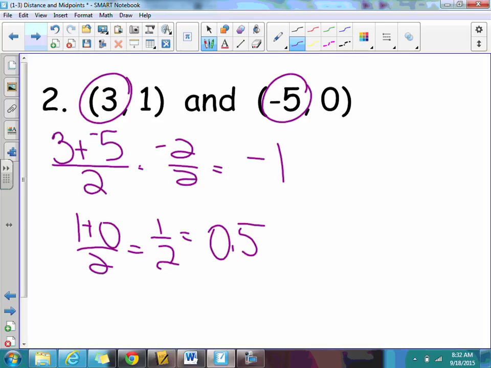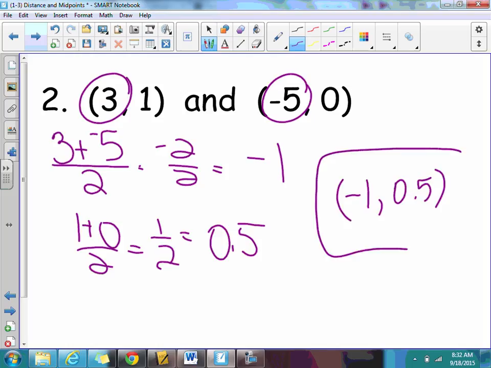There's my y's averaged, I get 1/2. Again, my final answer should look like an ordered pair. And there's my midpoint. Questions on that one?